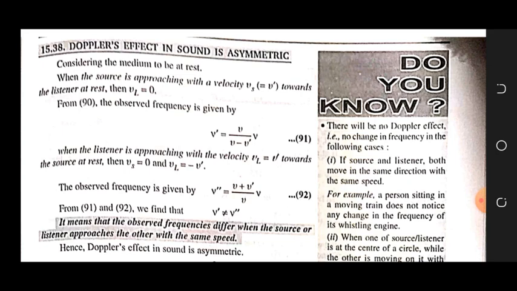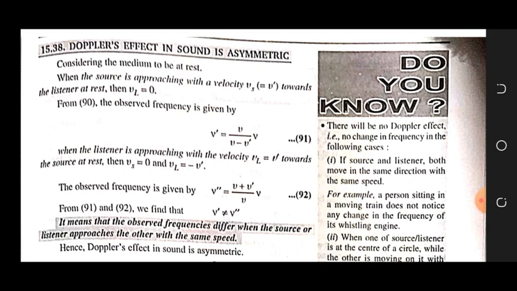Here you can see from equations 91 and 92 that nu dash is not equal to nu double dash. This means that if we move towards the source, or the source moves towards us with the same velocity, the frequency heard by the listener will be different in both cases. So this is not the symmetric case.